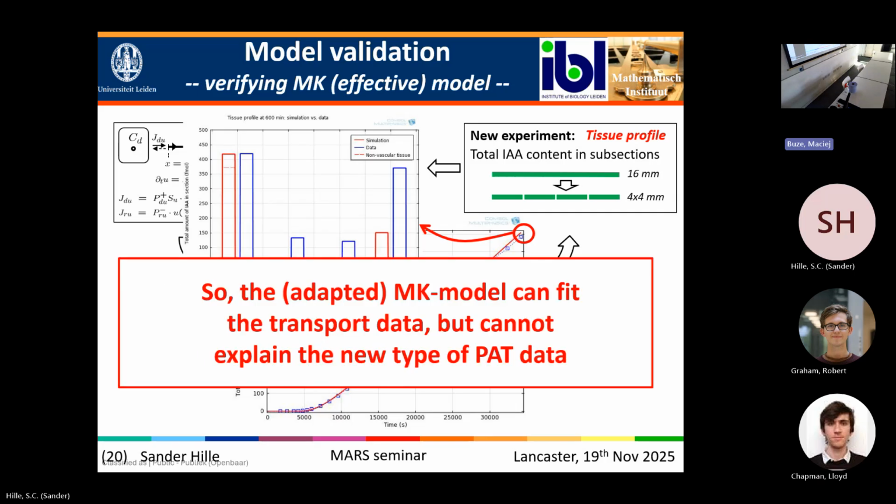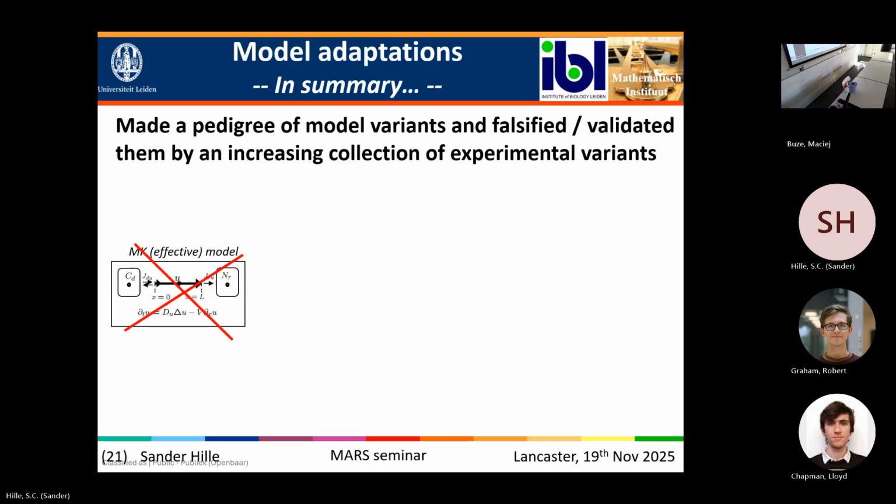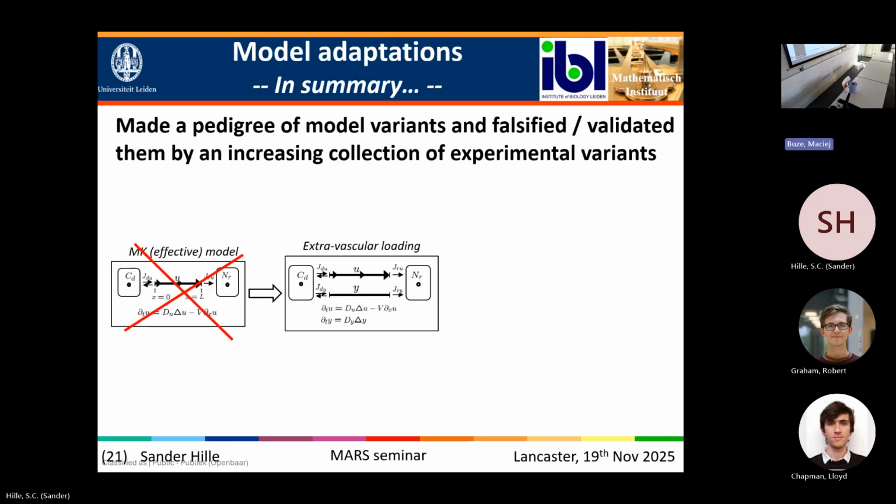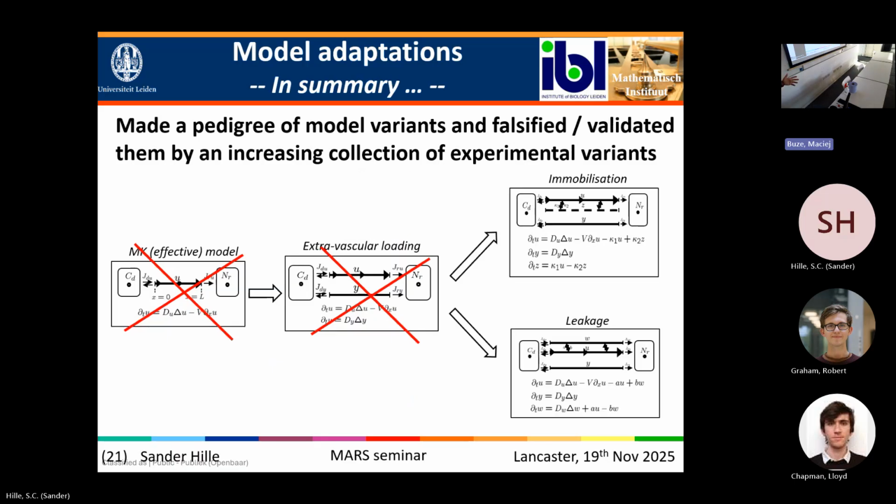So there's something missing. The model was dismissed, and we first expanded it to include some loading in the tissue surrounding the vascular bundles. That improved the situation a bit, but not fully. So that was also not good. You try other things and start discussing. Okay, maybe some of the oxygen gets immobilized.